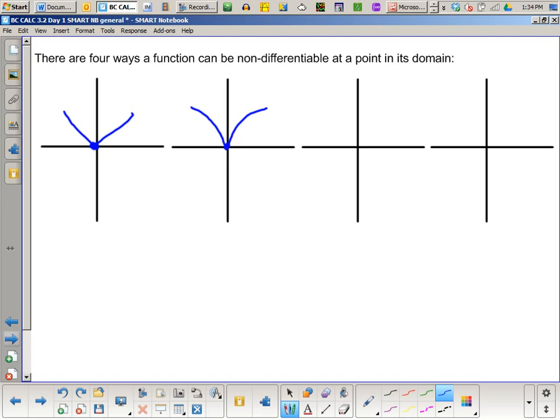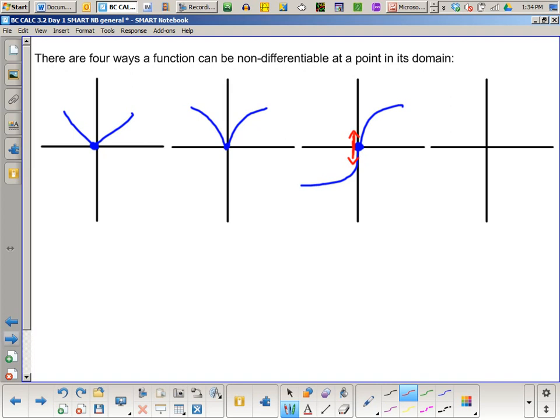Okay, if you see this, this is brand new. If a graph does this, and the tangent line can be drawn, but the tangent line doesn't have a slope because it's vertical, that also is non-differentiable.